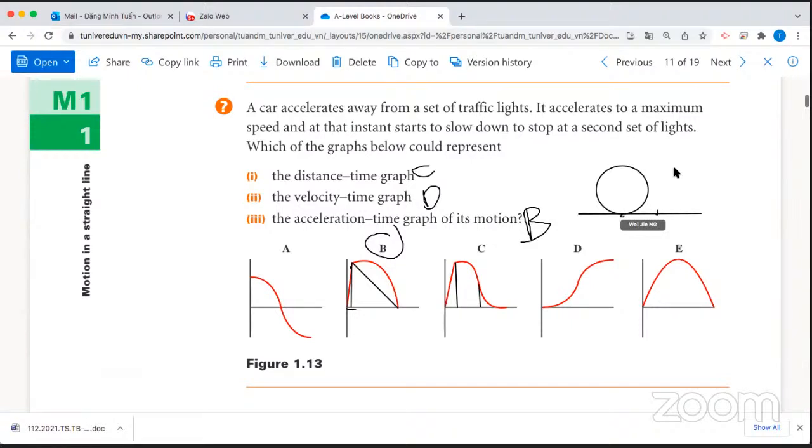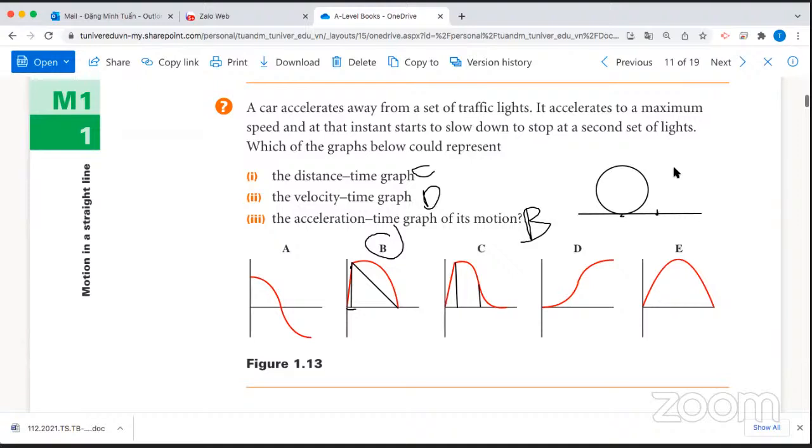When you push something, you expect it to stop, but it pushes a bit forward. So I think C. Actually, C will go 1, D will go 2, and 3 will be B. That's my reasoning.